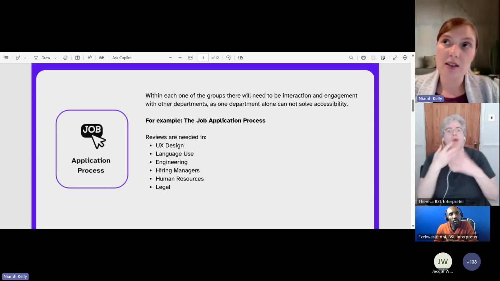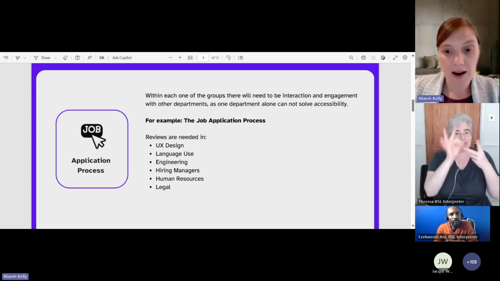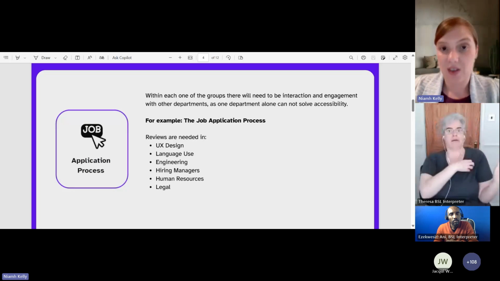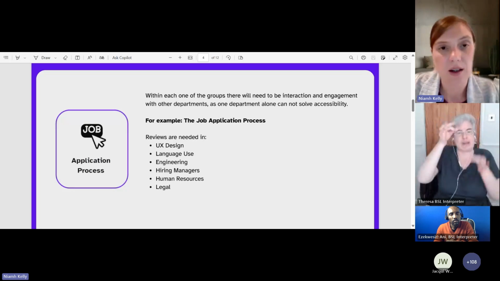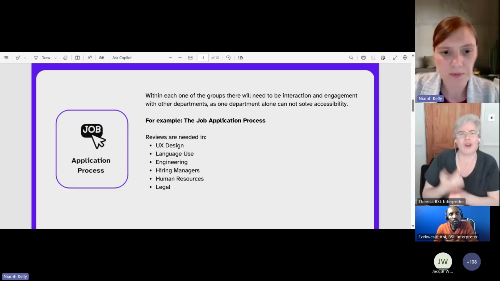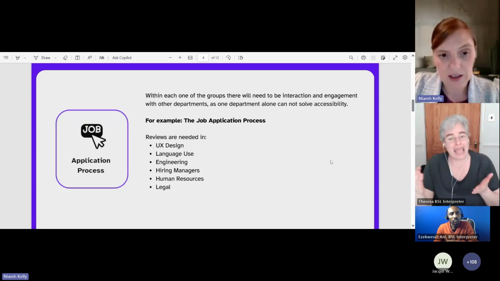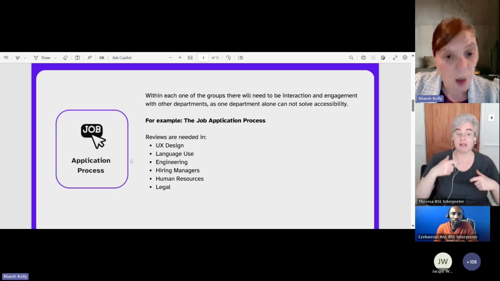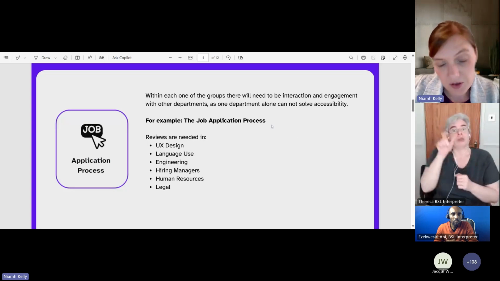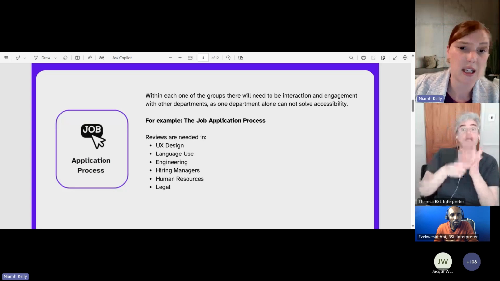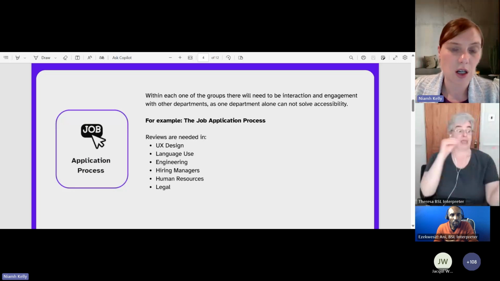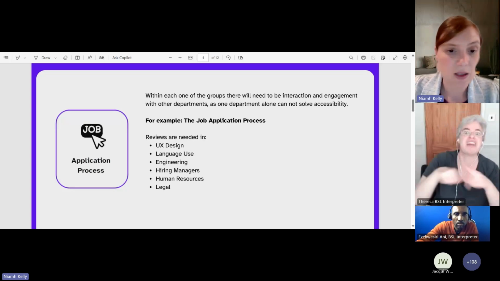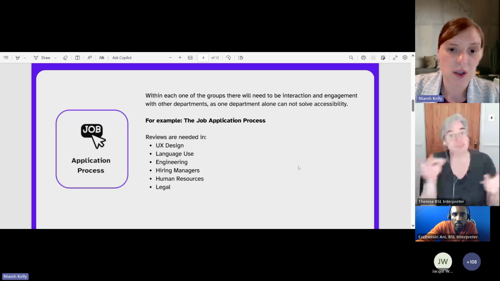Well, if you are not specifying what those multiple things are, you can be causing anxiety for people who need specific instructions and need to know exactly what they're going to be doing in that role. So there's multiple things there to be looking at. Same with the legal and the human resources. Should they disclose at this point? We have heard from Connor today that he has mentioned in his CV that he is a wheelchair user and he hasn't heard back from jobs. Should that disclosure be at this point? And are there legal ramifications for that as well?